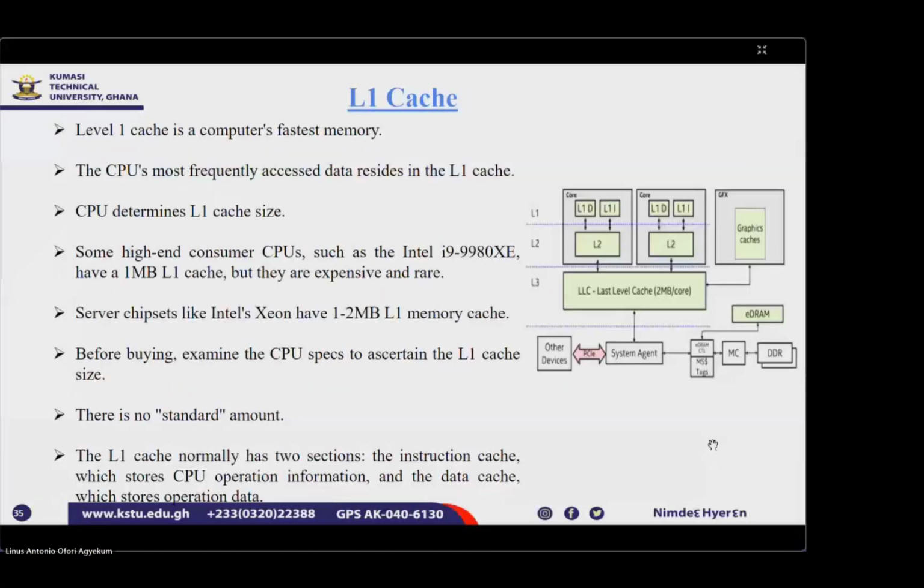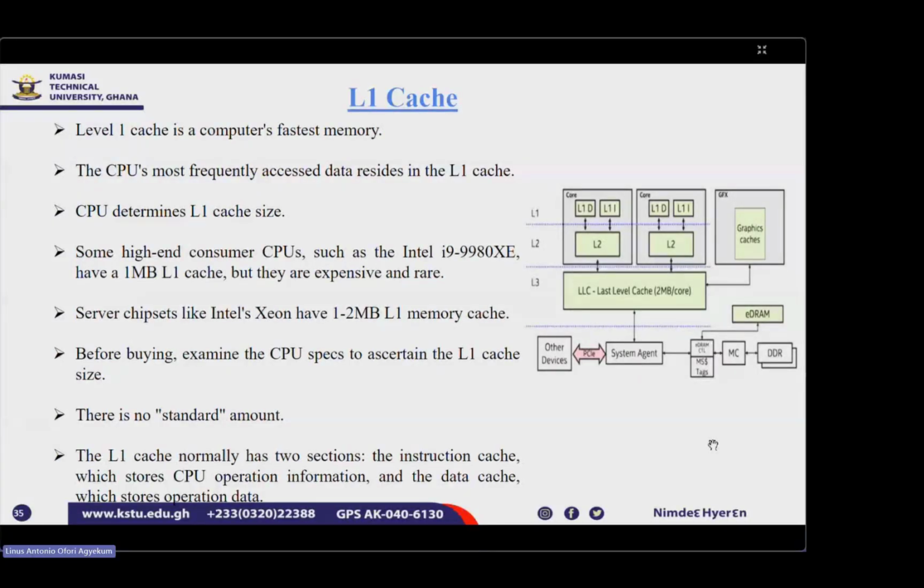So let's look at level 1 cache. The level 1 cache is the fastest, or it is the computer's fastest memory. And so most of the data that will be used frequently within the computer resides at level 1.